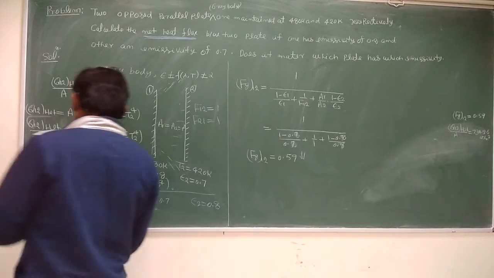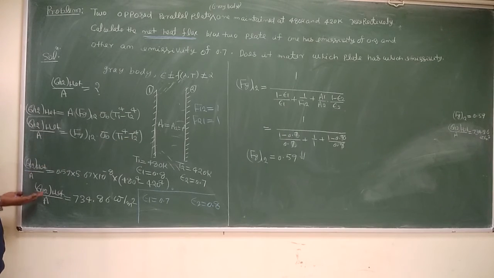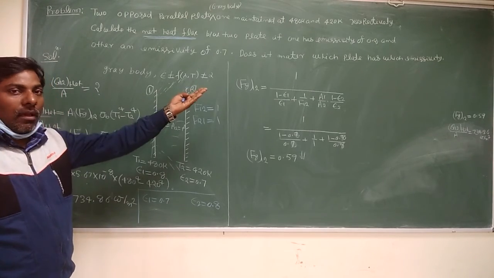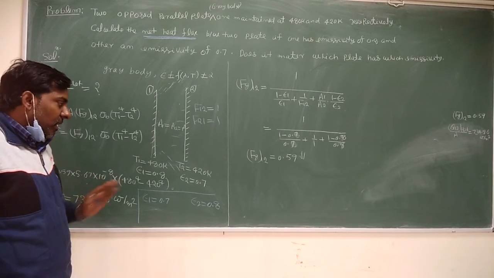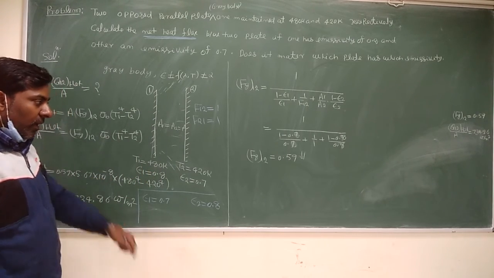If you are getting the same gray body factor, and sigma b and the other terms are the same, then how can the net heat transfer per unit area change? So it does not matter which plate has which emissivity. You can give any plate any emissivity, and it will make no difference.